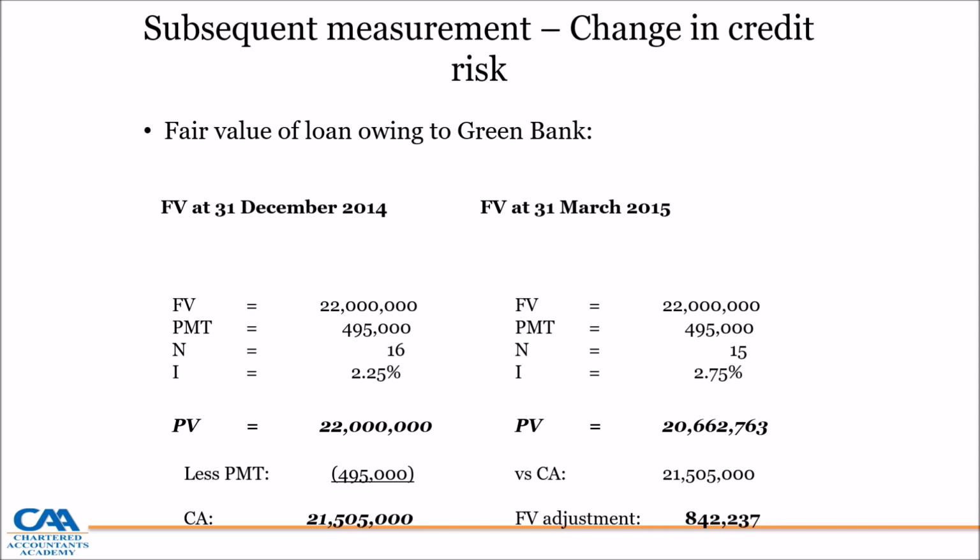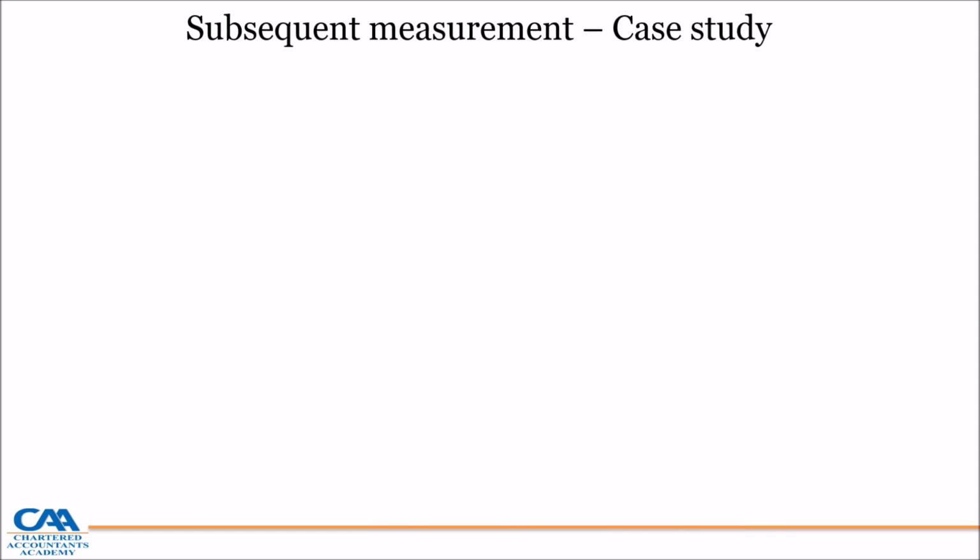So we say our 21,505,000 compared to the present value of 20,662,763, and our fair value adjustment is 842,237, right? So once we have that fair value adjustment, we now need to split it into components relating to credit risk and a component relating to market movements.